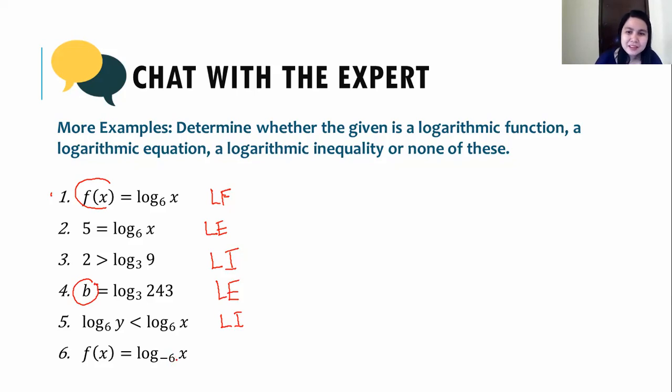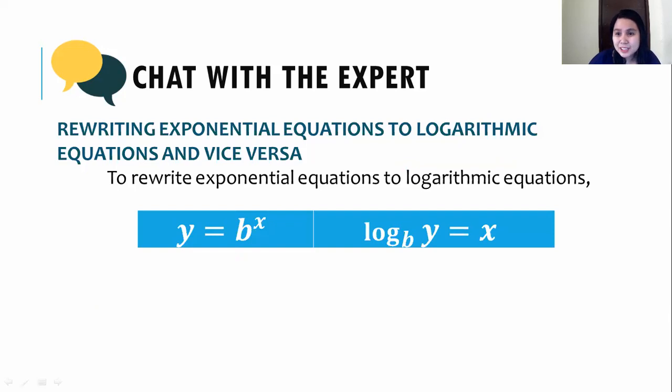Very good. It should be none of these because you look at the base. The base is negative, so it cannot be a logarithmic expression. So we say none of these. Very good. I think you're ready for the first quiz of the day, of the last one.